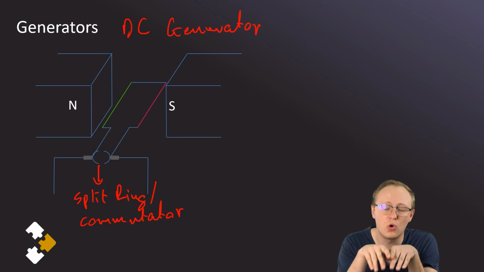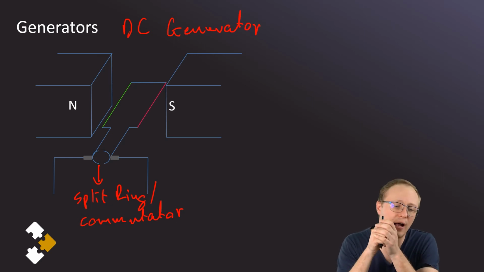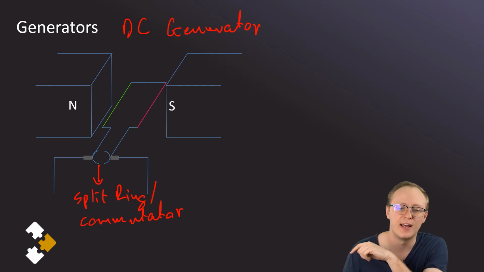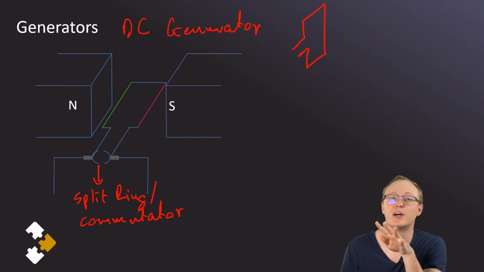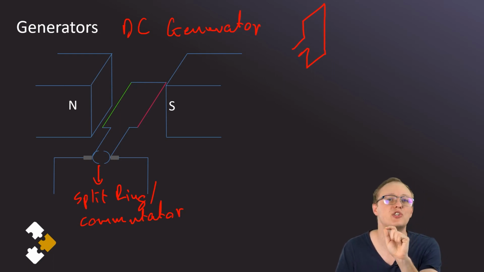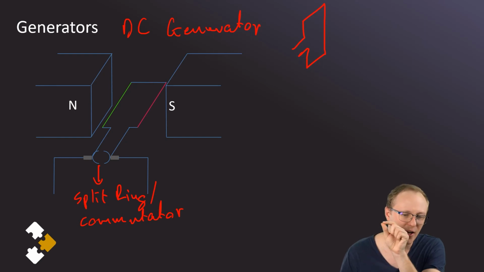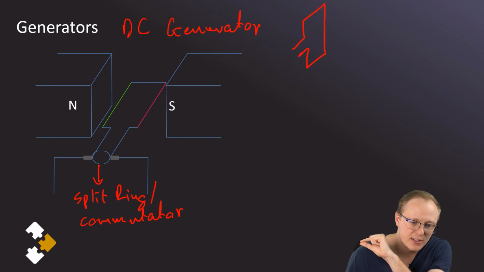Now, you might recall that I said for the armature rotating in the magnetic field, every time it goes past the vertical, the current in that armature is going to reverse. It's going to go the other way. Here, the split ring is kind of tricky.